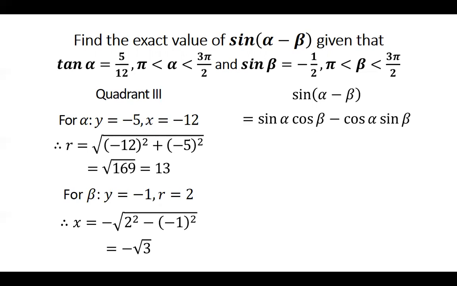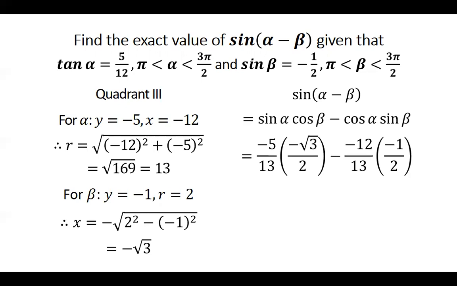So sine of alpha, sine is y over r, so we're looking at alpha, so we have negative 5 over 13. Cosine of beta, that's x over r, so for beta, that's the square root of negative 3 over 2, minus cosine alpha, again, cosine is x over r, but now it's for alpha, so negative 12 over 13, and then sine of beta, again y over r, but this is for beta, so negative 1 over 2.